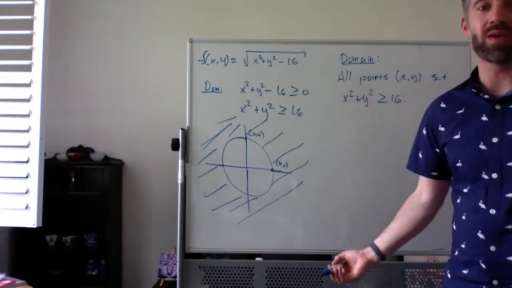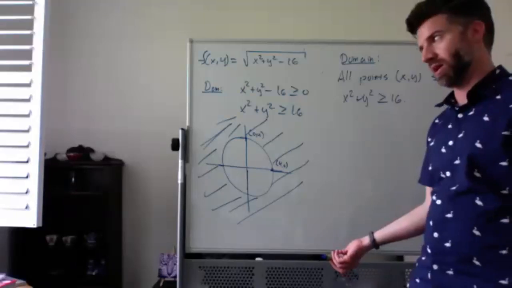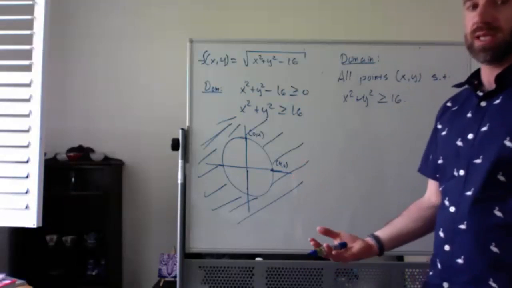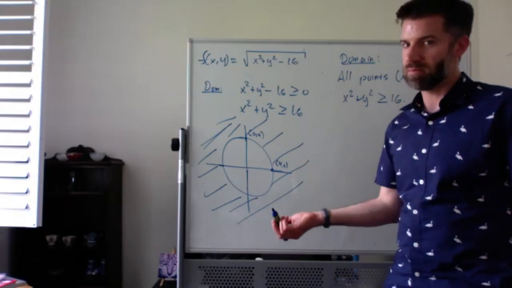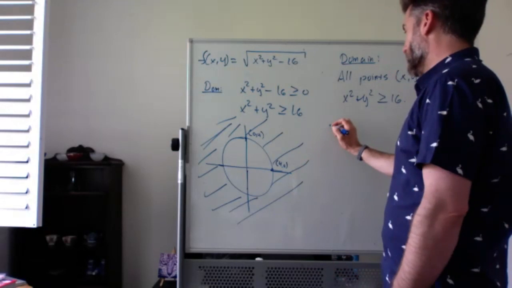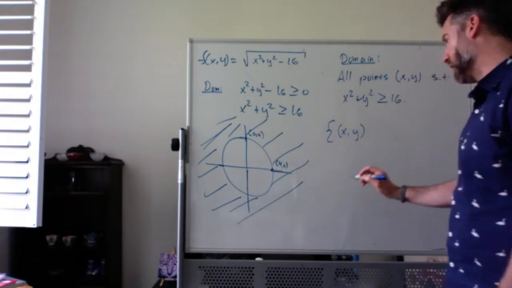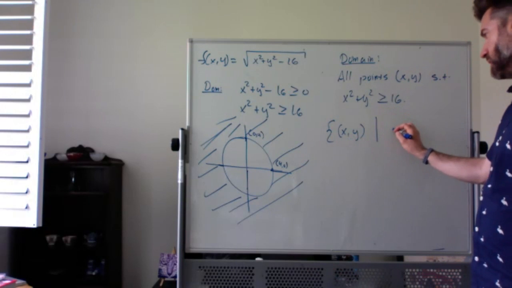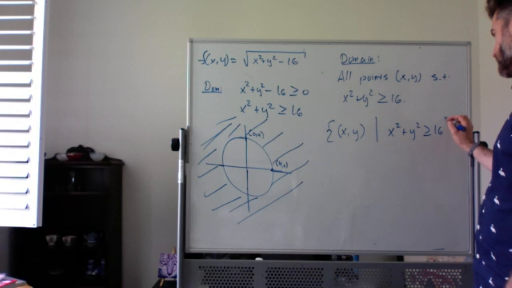That's really the only concise way to write the domain. I guess you could write it as all the points outside of the circle centered at the origin of radius 4, but that seems terrible. Another more mathy way of writing it is the set containing all coordinate pairs x, y such that x squared plus y squared is greater than or equal to 16.